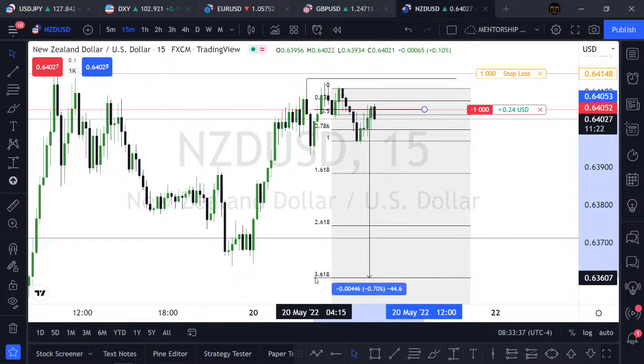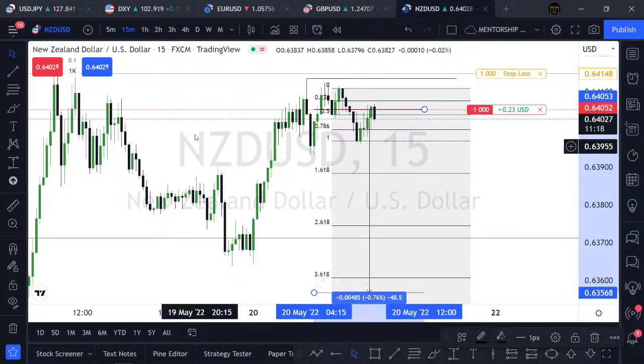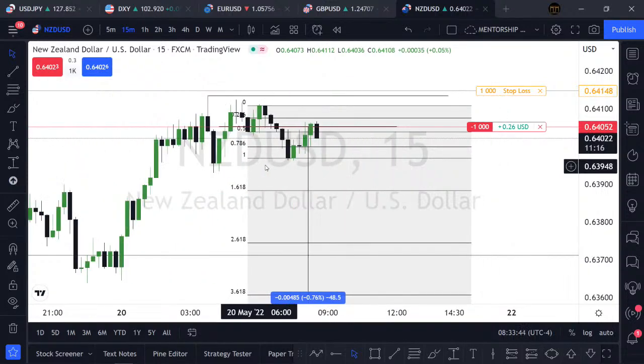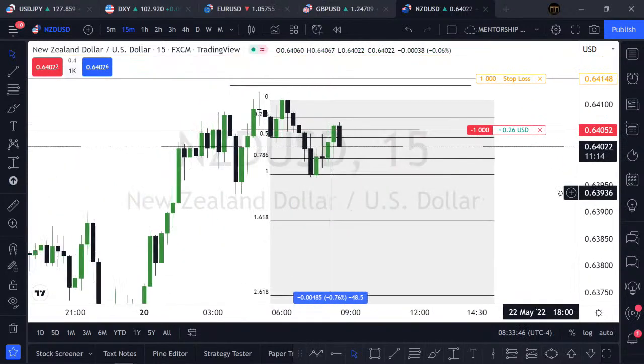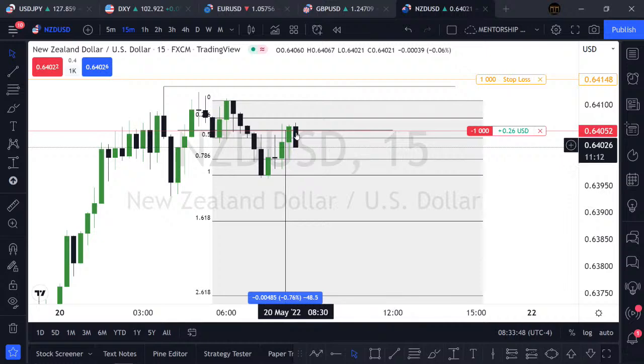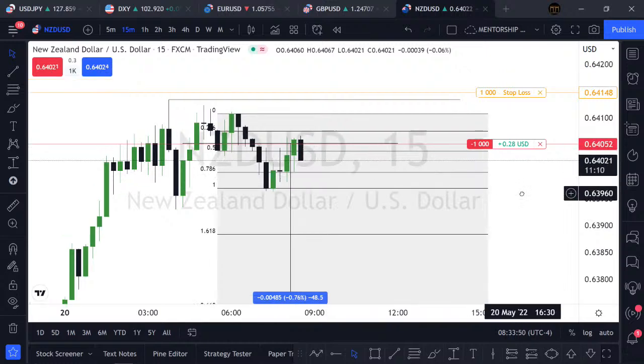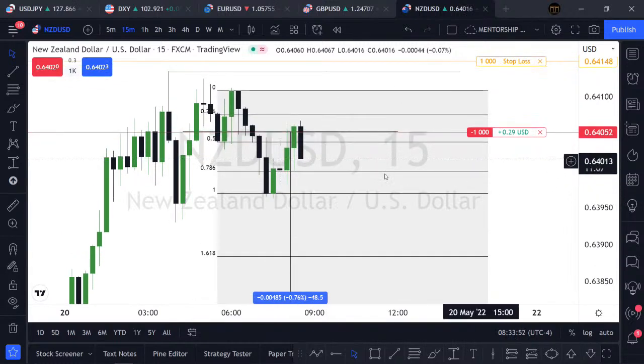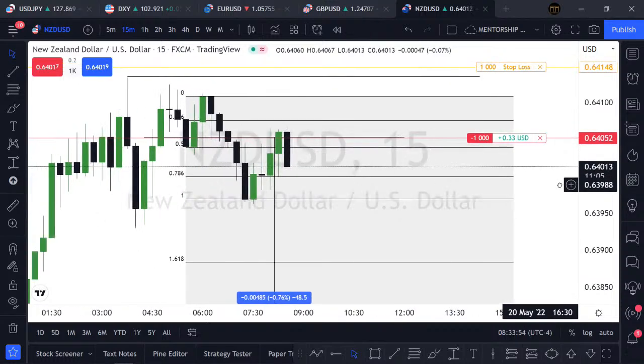Let's go ahead and look at the dollar Swiss as well. Okay, see, it's also selling. It's going lower.